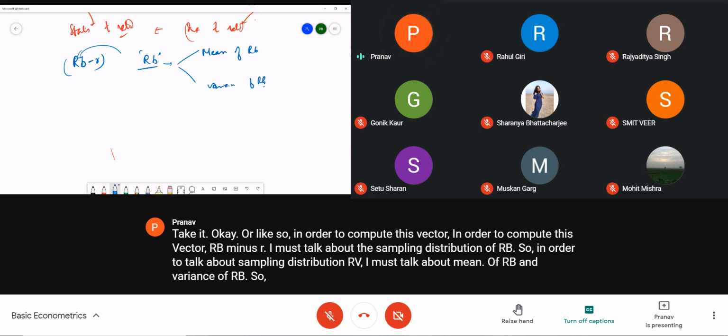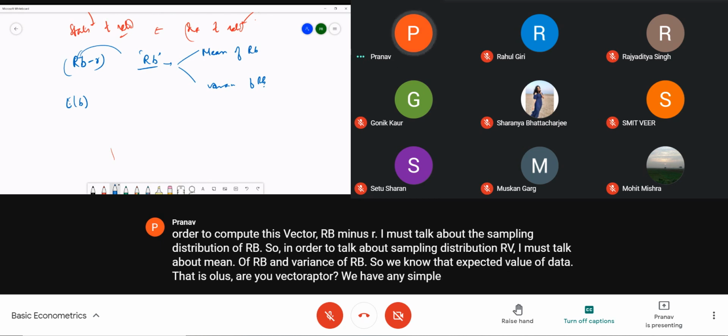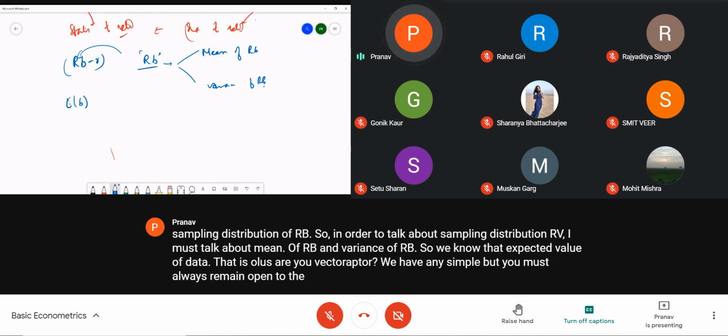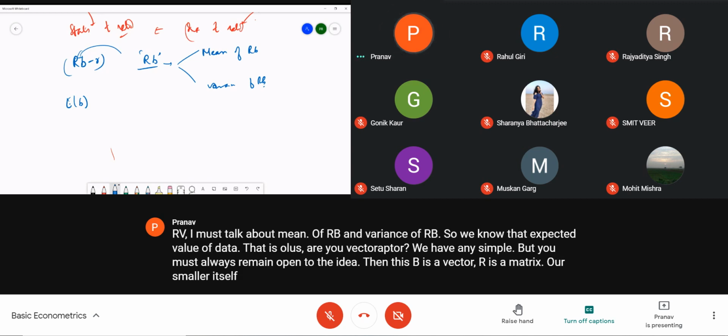So we know that the expected value of beta, that is OLS, is a vector. Now we wrote it simply like this, but you must always remain open to the idea that this b is a vector and R is a matrix. Small r itself is a vector.